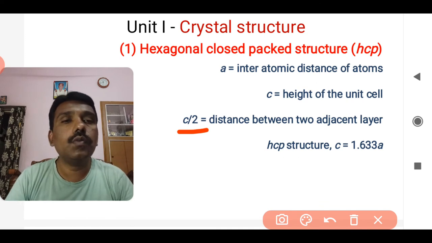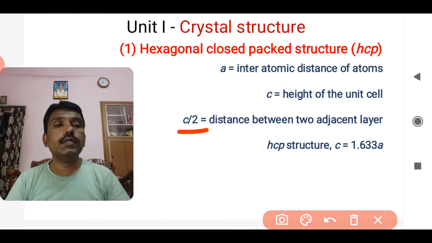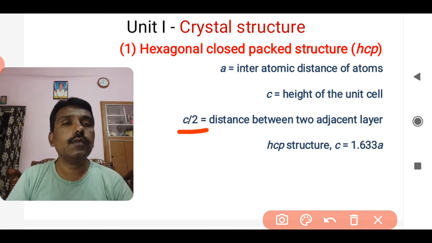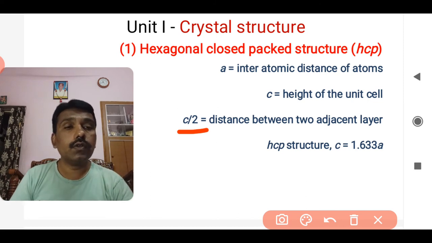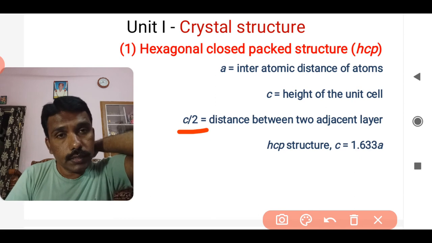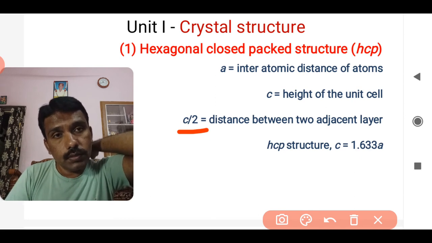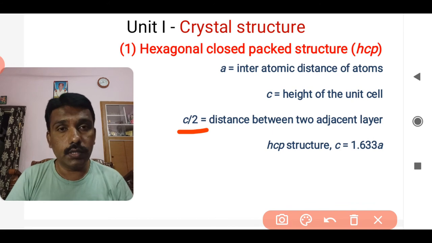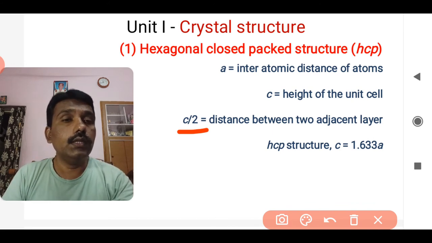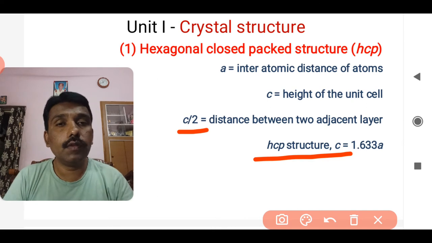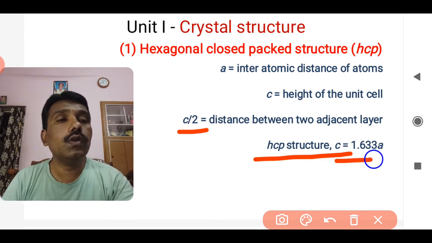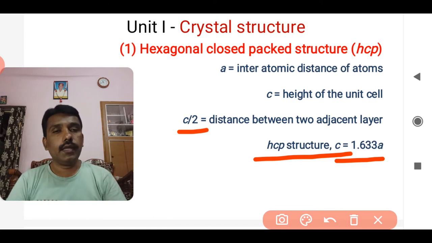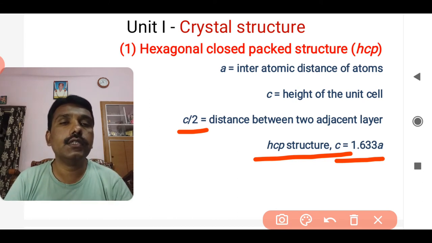So this is all about the distance between the two adjacent layers. And for the relationship between the height of the unit cell and the interatomic distances in the HCP structure, C is equal to 1.63 A. That much height relationship is there.